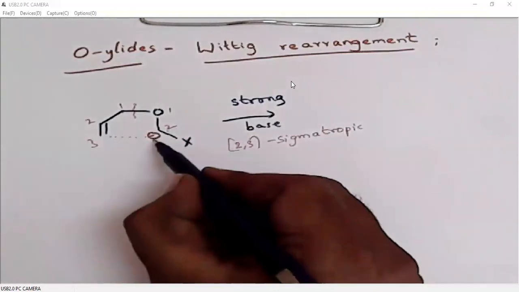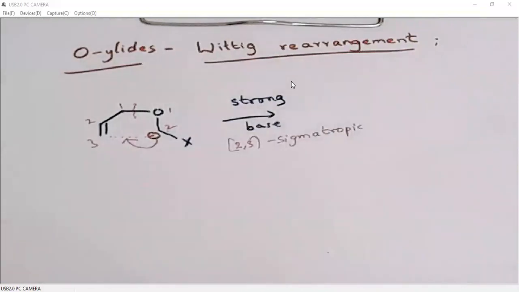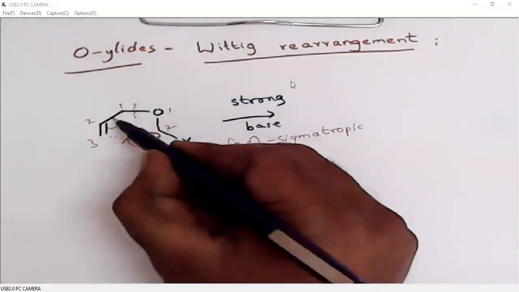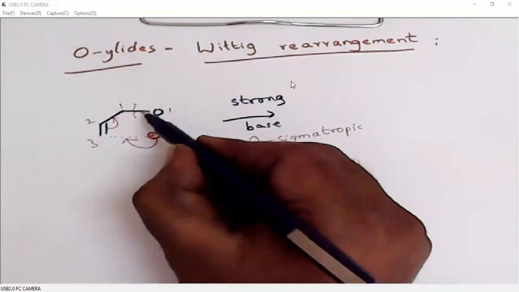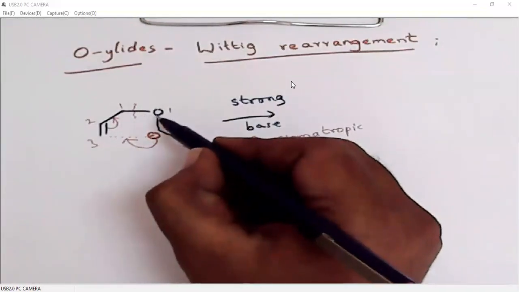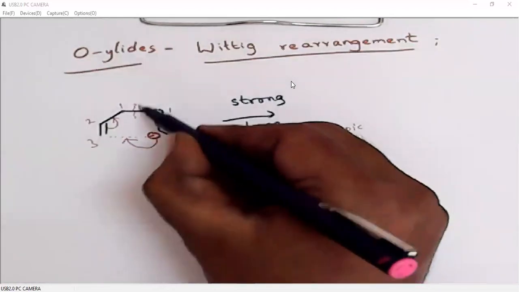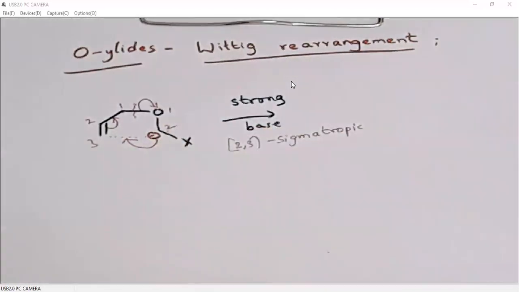So we can polarize this negative charge towards the double bond. Then the double bond will be polarizing like this, and this will be breaking towards oxygen, so that oxygen becomes negatively charged.